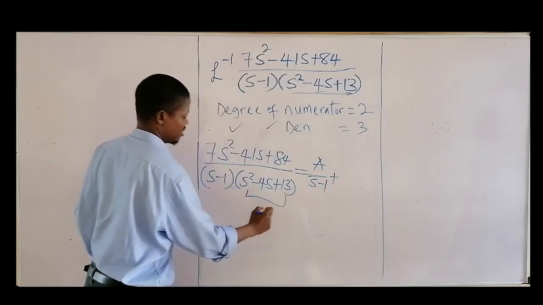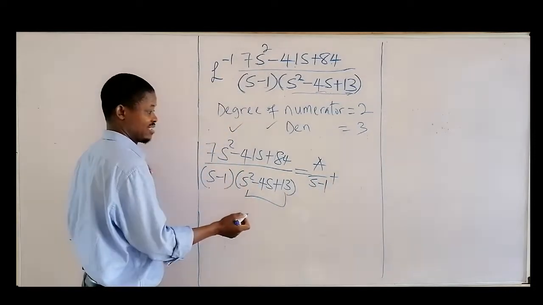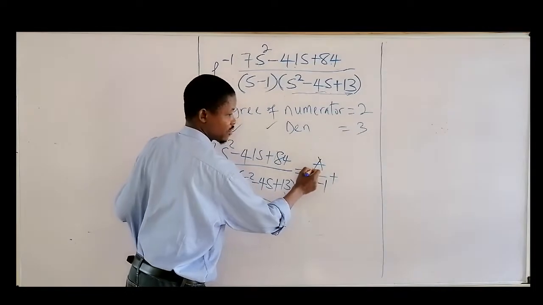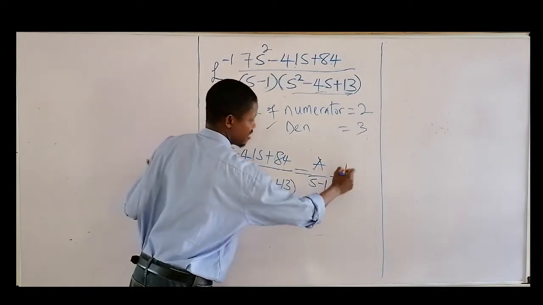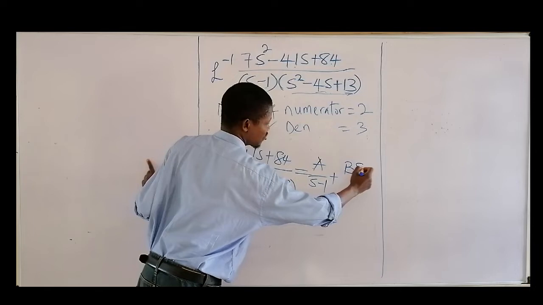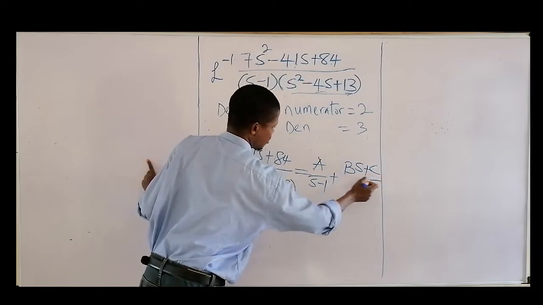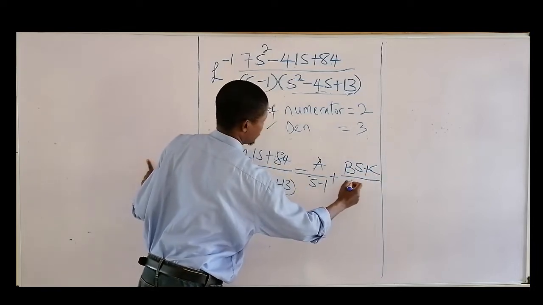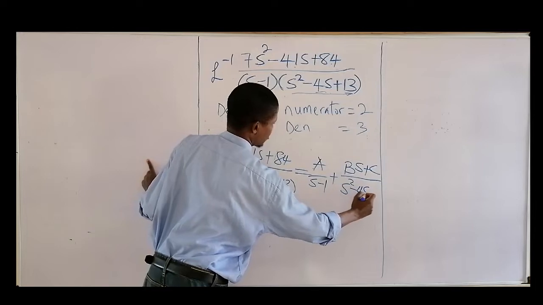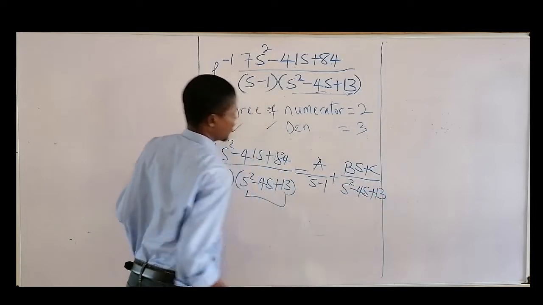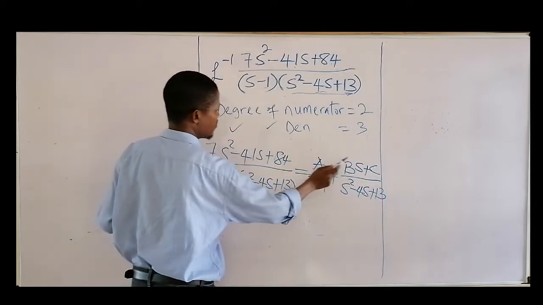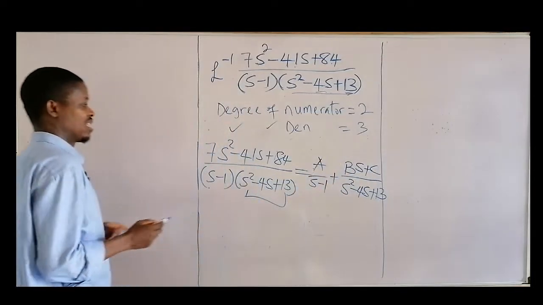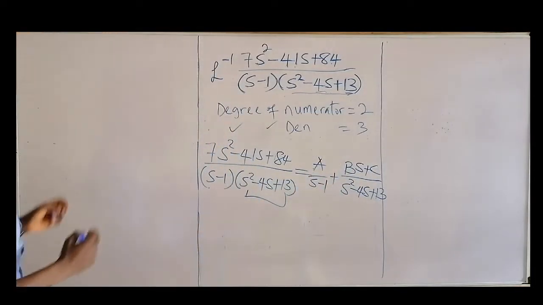Then the quadratic part, which is unfactorizable, that will be bx plus c all over x squared minus 4x plus 13. So a, b, and c are the constants we are going to find.